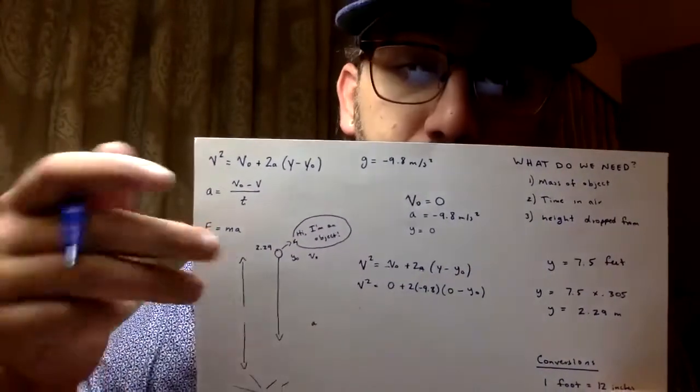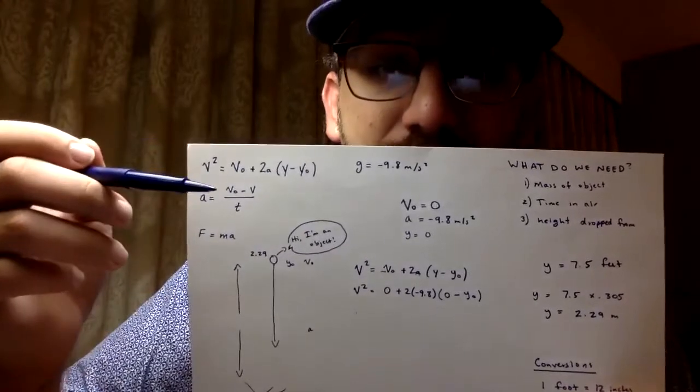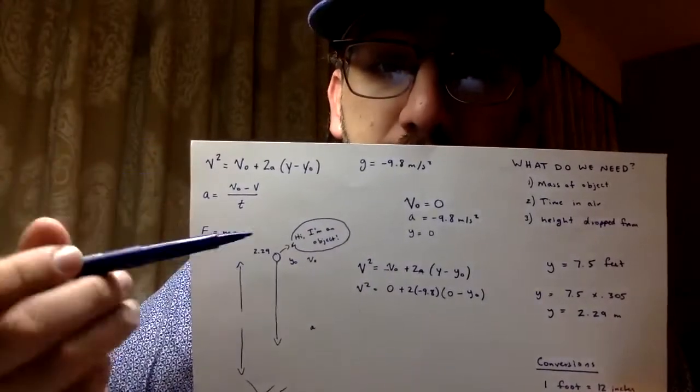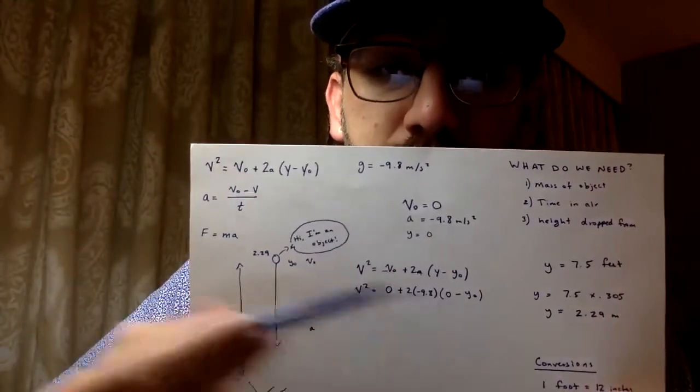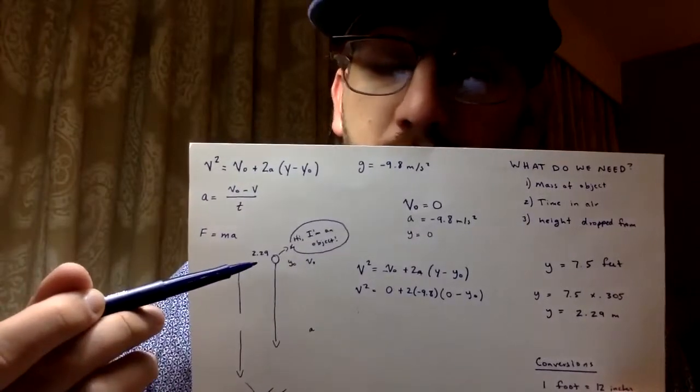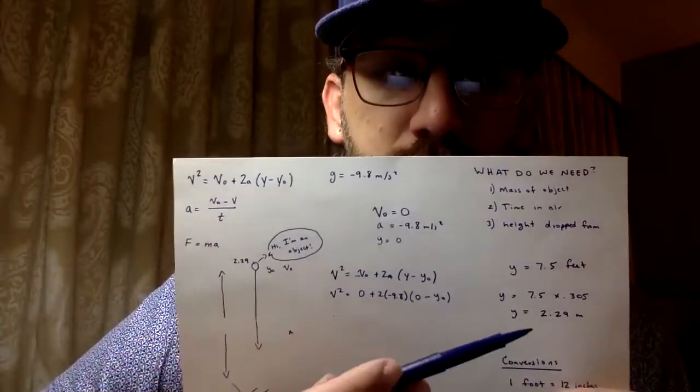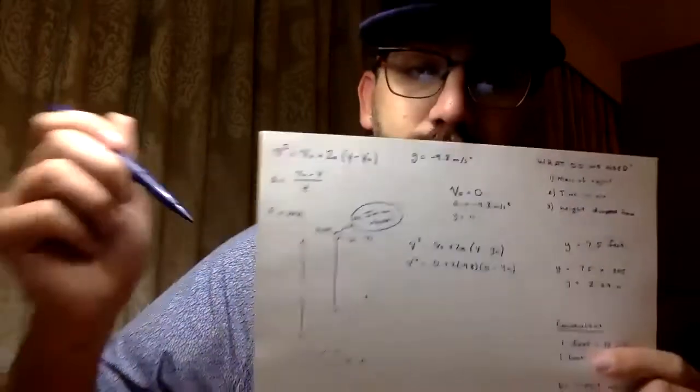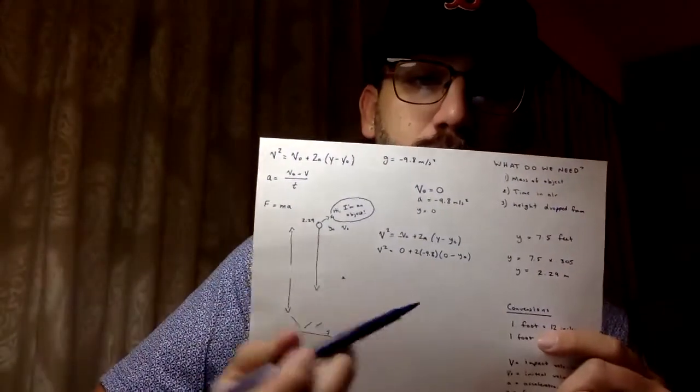Pretty straightforward. The last thing I need is my y sub naught value. So it's y sub 0. So I'm going to plug in what I found. I found that y is equal to 2.29 meters. So I'm going to plug that in right here.